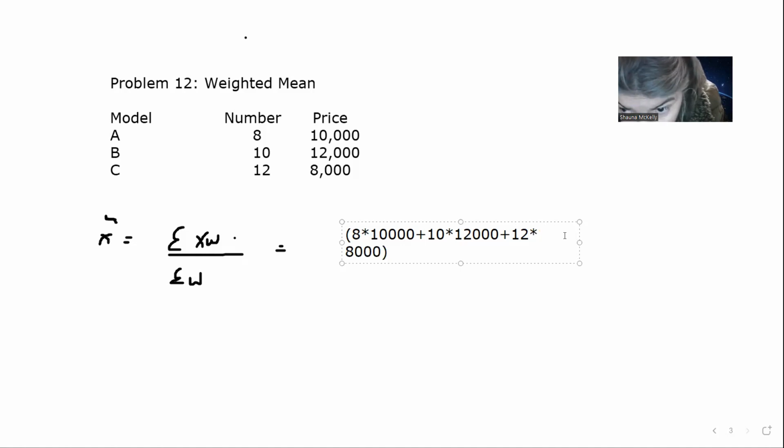Close it. I'm going to move this over so it doesn't look like the denominator to you. And that's my top number.